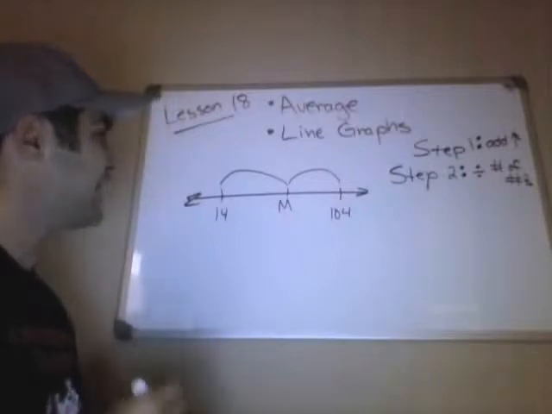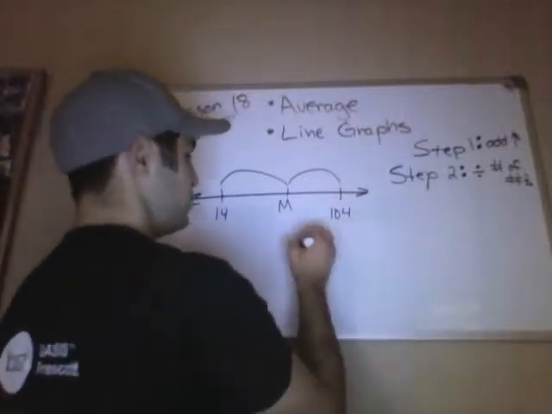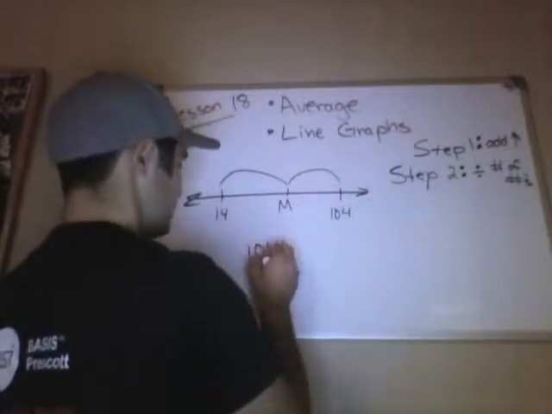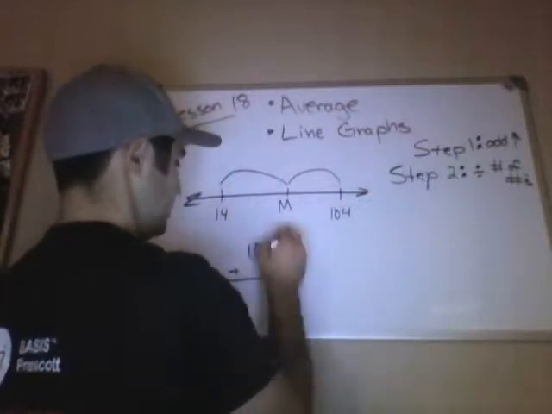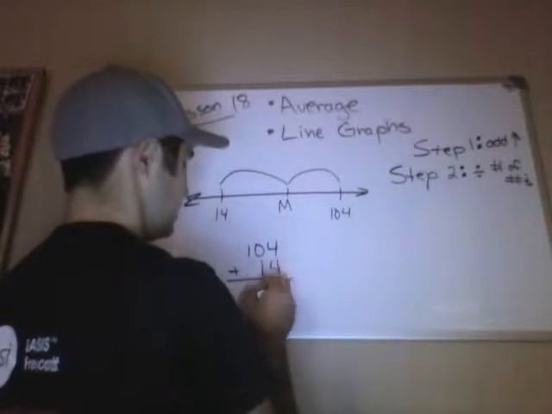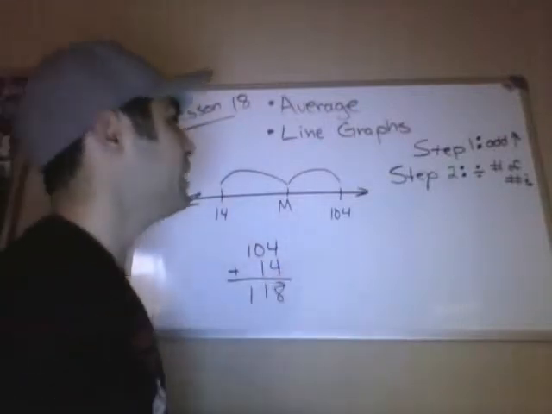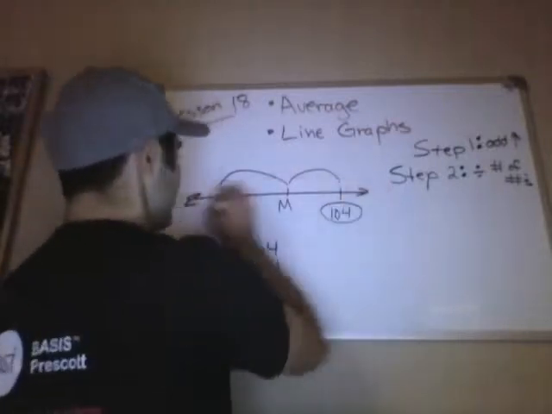So let's go ahead and find the average of these two numbers. So the first step is to add up 104 plus 14. So that's going to be 118. Then the next step is to divide by the number of numbers, which we only have 2 numbers here.